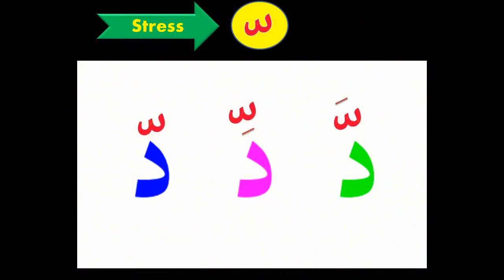Alright, this is the stress. The stress is all the time above the letter, but above that stress we may find fatha or kasra or dhamma. If we have fatha, like the example we have here, we say dda instead of da. In the middle we have ddi, this is kasra.